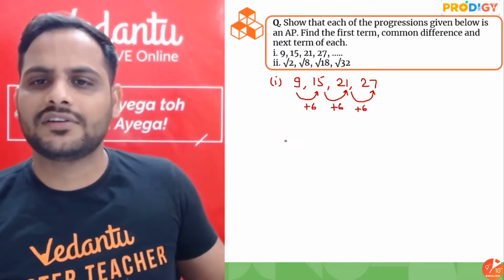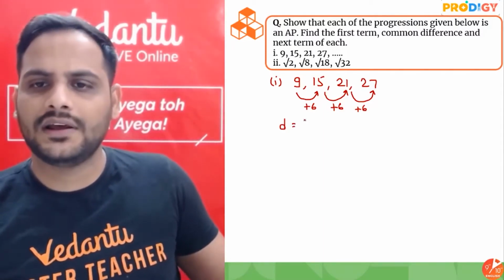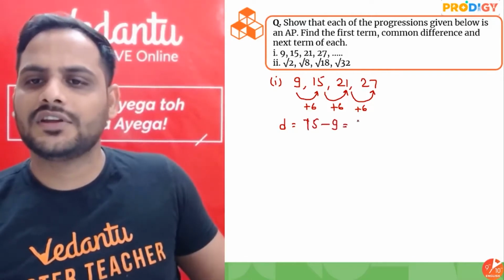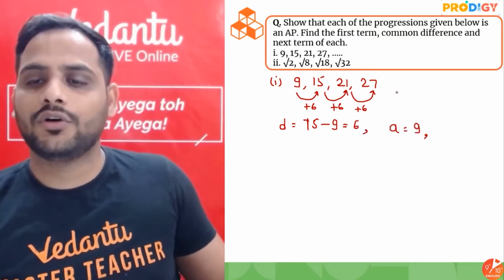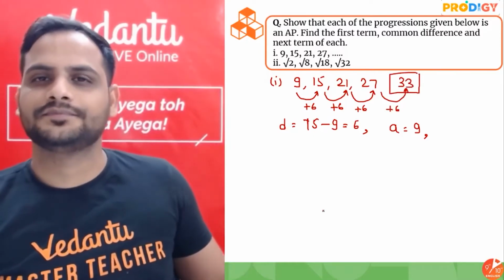So the difference is the same everywhere. The common difference will be 15 minus 9, which is equal to 6, and the first term is 9. Now they are asking for the next term. To 27, add 6 again, and 33 will be my next term.